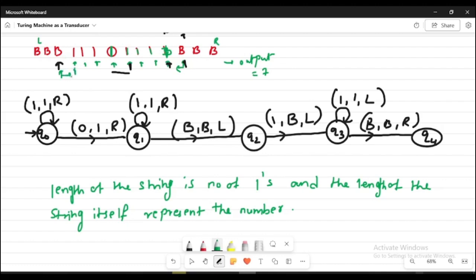So your read write head will point at the beginning of the symbols, and the result will be 7 ones. So hope you understood.